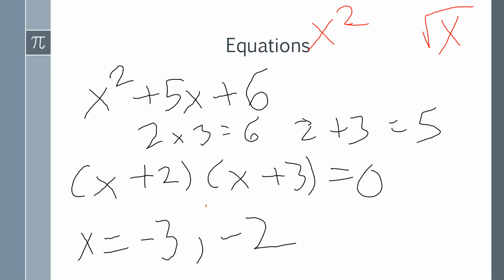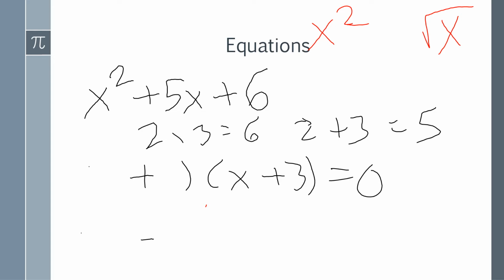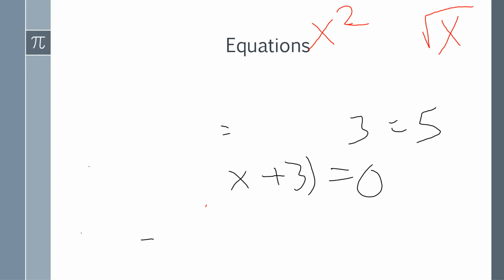So that's one way of solving the quadratic equation in standard form. But what if I was giving it to you in the vertex form? That's what we had to worry about next.